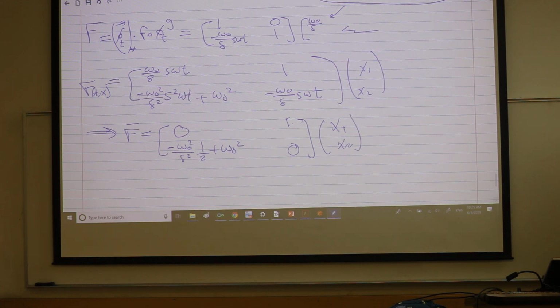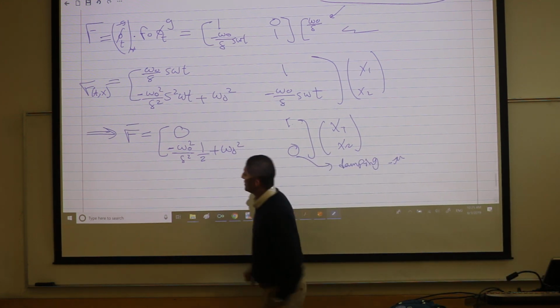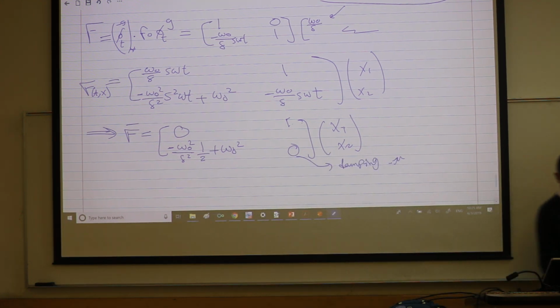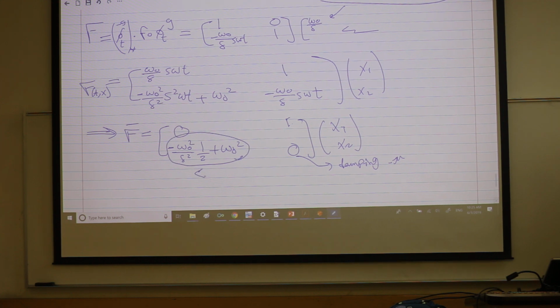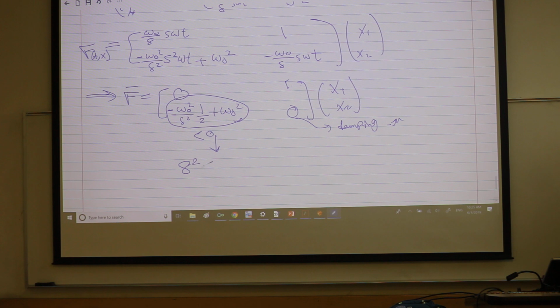And again, if we have damping, we could have added damping from the beginning. You will have it here, negative mu. So it gives us the same thing. If we now check that when this term is negative, if I want this to be negative for stabilization, so delta squared needs to be less than half.